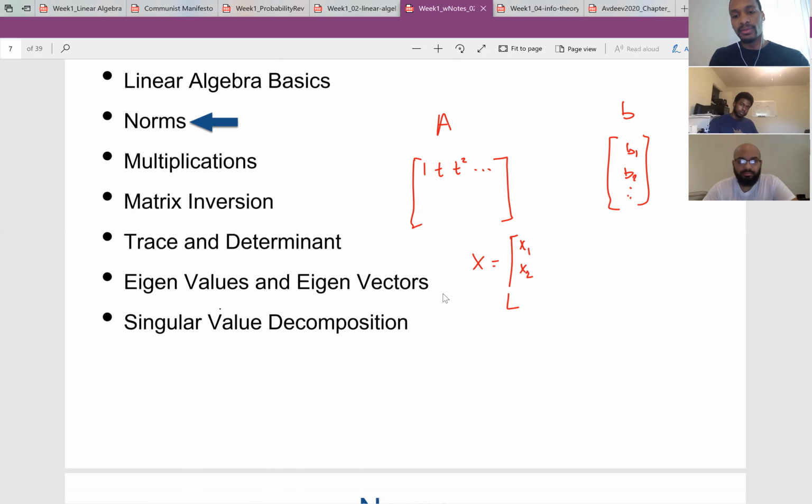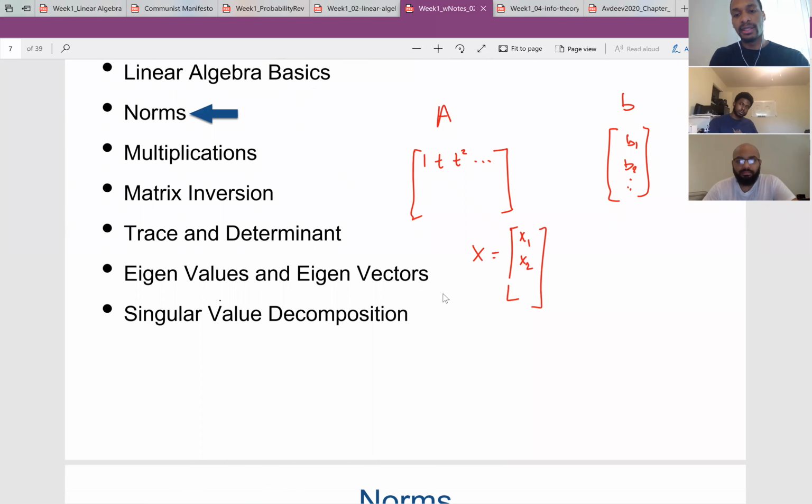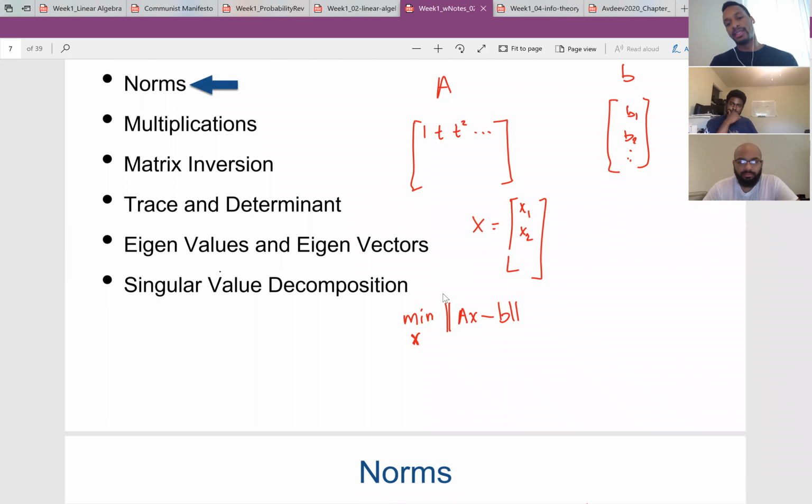So if you want to find the closest fit, then you would find the X that minimizes this function, right? And so this norm allows us to identify the magnitude of the difference between AX and B, and we want to minimize that magnitude.